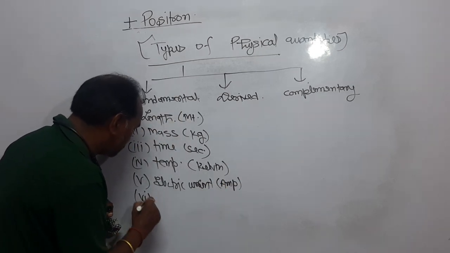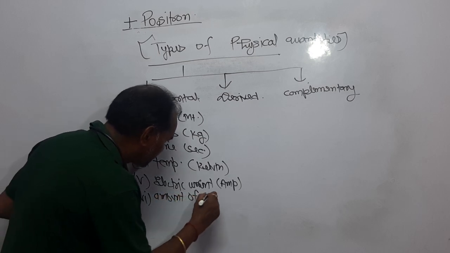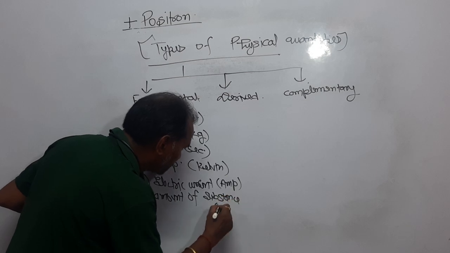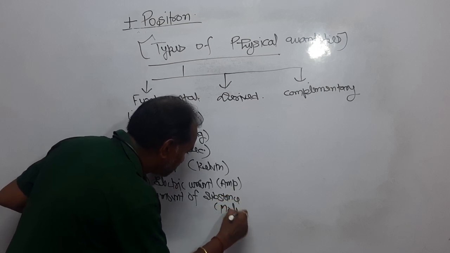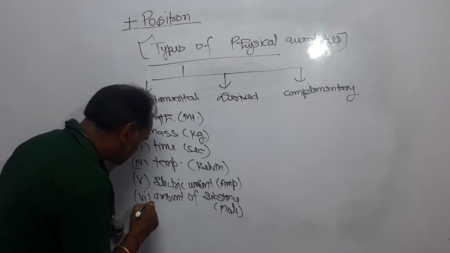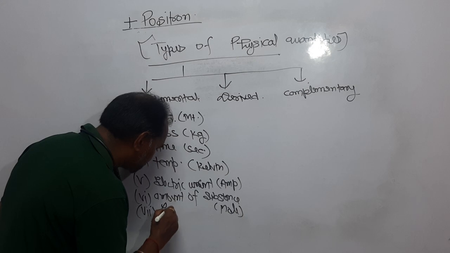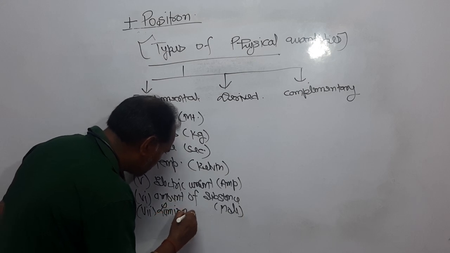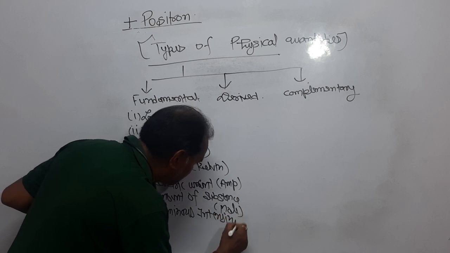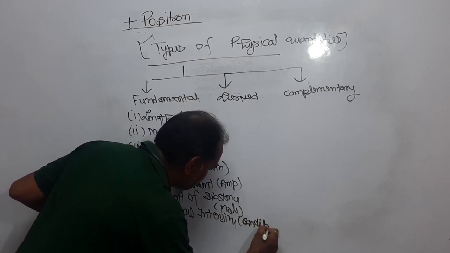Sixth one is amount of substance, SI unit is mole. And the last one is luminous intensity, its SI unit is candela.